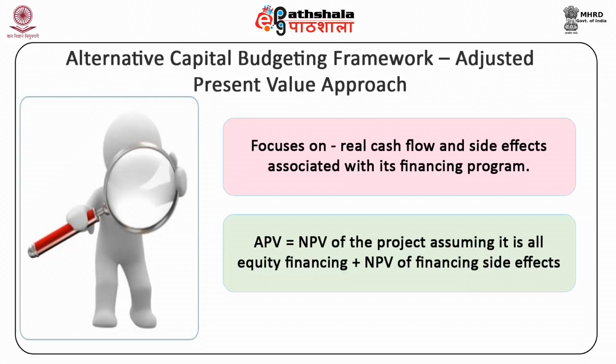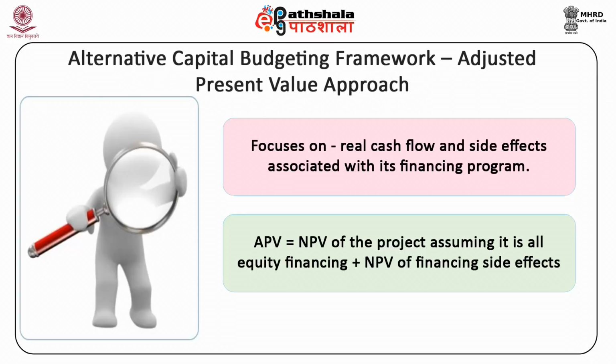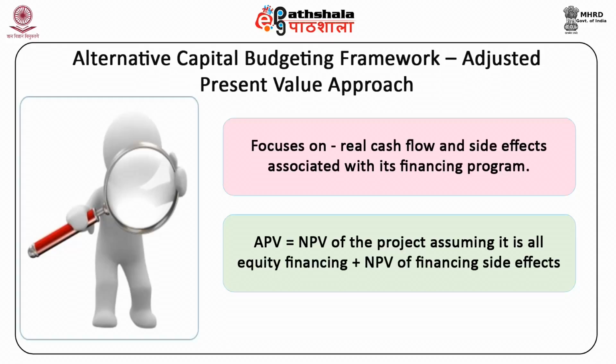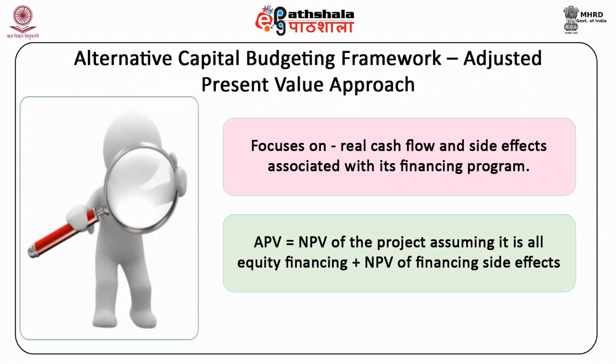So APV is equal to the NPV of the project, assuming it is all equity financed, plus the NPV of financing side effects. APV breaks the total value into two parts. One part assumes no debt is used, and then adds on the extra value created by using debt in the capital structure.